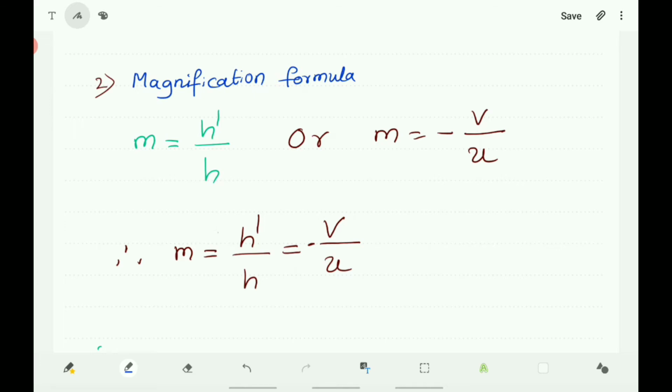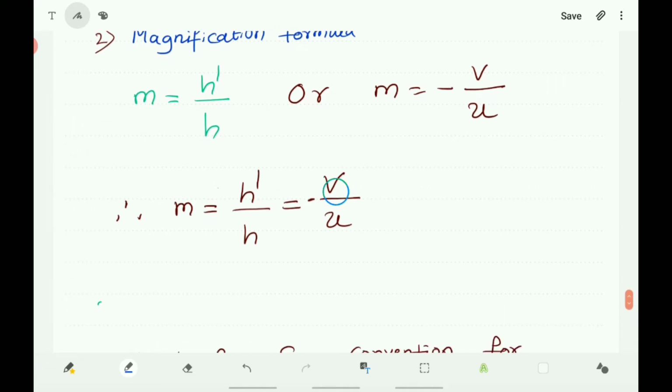So you can write m is equal to h dash by h is equal to minus v by u. By using the mirror formula and magnification formula, we can solve many numerical problems. So let us discuss the problems here.